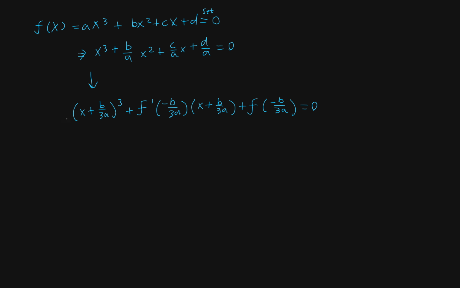And so from here, you solve for x plus b over 3a, and then you just undo the shift by subtracting b over 3 at the end. I'm going to use this for the rest of the examples because it's a lot quicker. We don't really need to focus that much on depressing the cubic. It's more the rest of the solving afterwards.